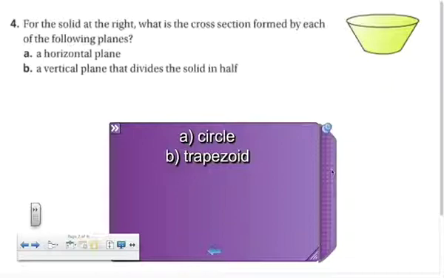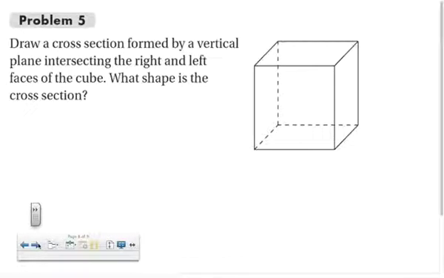All right. So the last thing that we're looking at in today's lesson is drawing a cross section. And once again, I know it's kind of a pain. That's why there's only 3 of them in your homework. So in problem 5, we are asked to draw the cross section formed by a vertical plane intersecting the right and left faces of the cube. So this is the right face, and this is the left face.